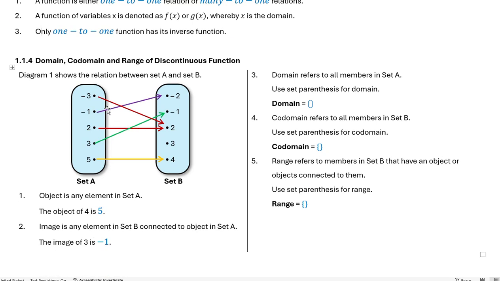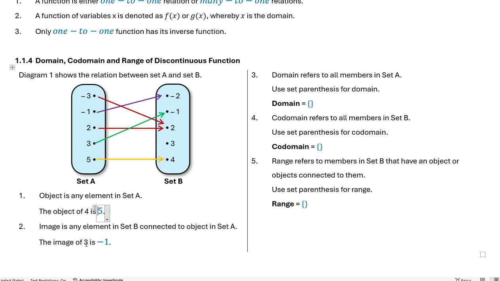Again, as I said before, the beginning of the arrow is the set of objects, and the end of the arrow is the set of images. Number one, very simple. The object of 4, meaning when 4 is the image, what's the object? So the answer is 5. Number two, the image of 3.